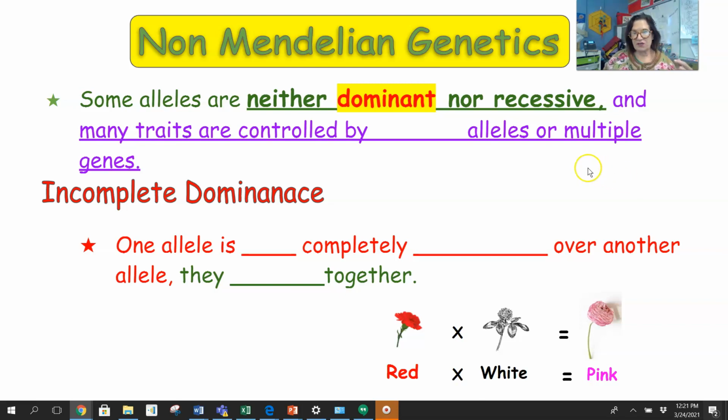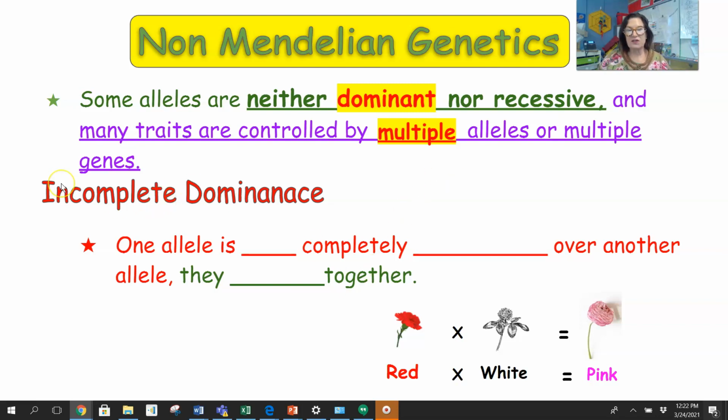And many traits are controlled by multiple alleles or multiple genes. So one of these is skin color, because you notice how people aren't just black or white. We have varieties in between, right? So this is controlled by multiple alleles.